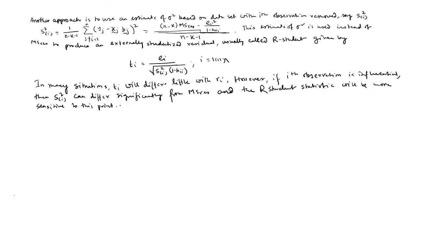Under the usual regression assumptions, ti follows a t distribution with n minus k minus 1 degrees of freedom.